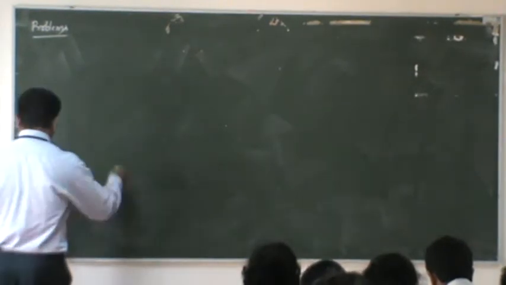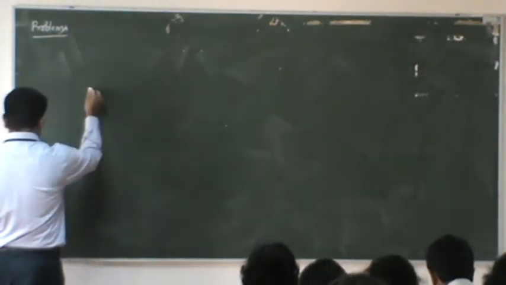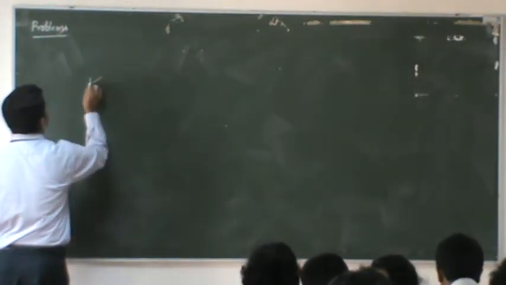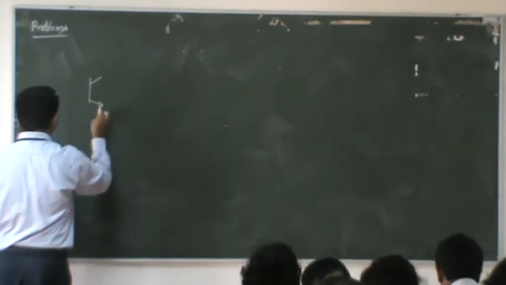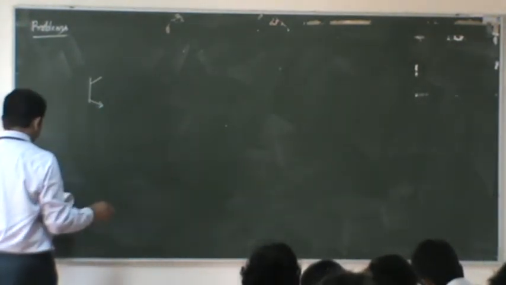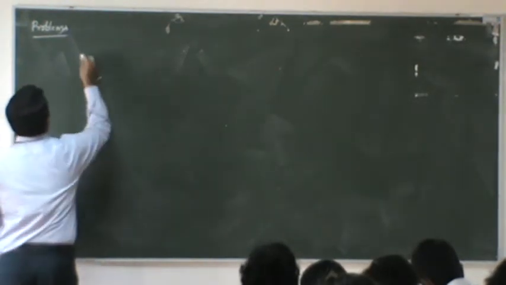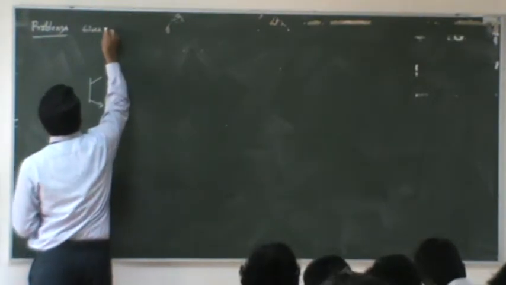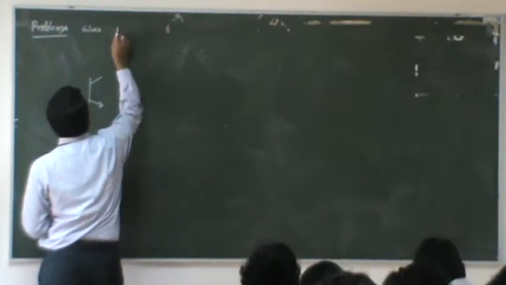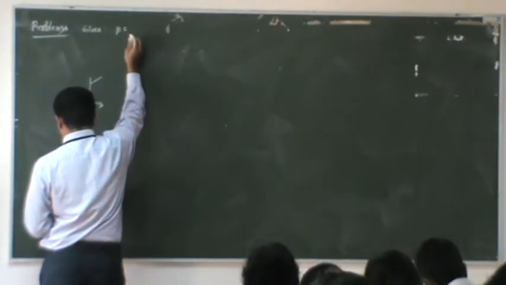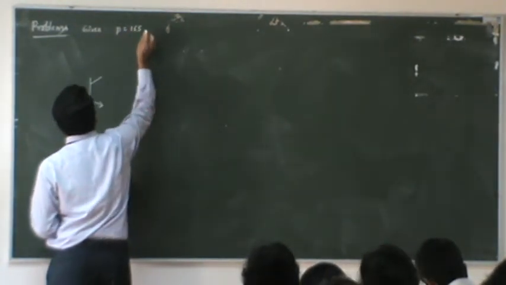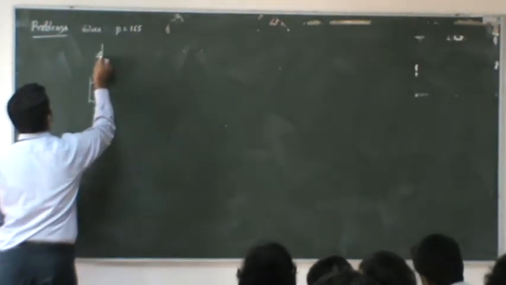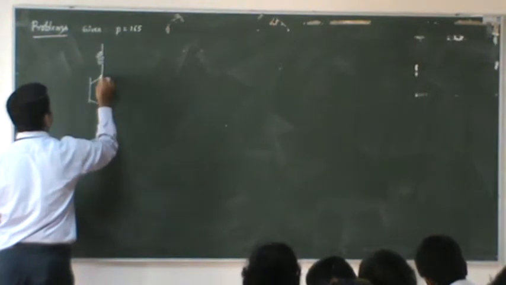What is the percentage error introduced using the approximate method, given that the transistor gain beta is equal to 160?